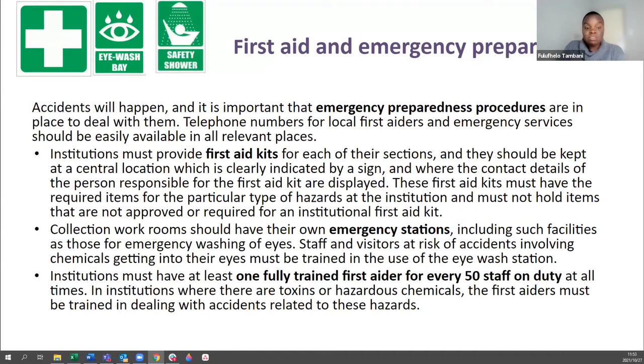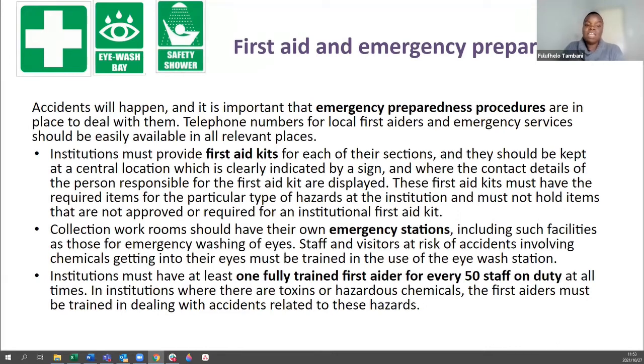So they need to know what to do when they get there, if it happens to them. It's no use people knowing that there is a place where I wash my eyes, but not knowing how to use it. So they need to be trained.